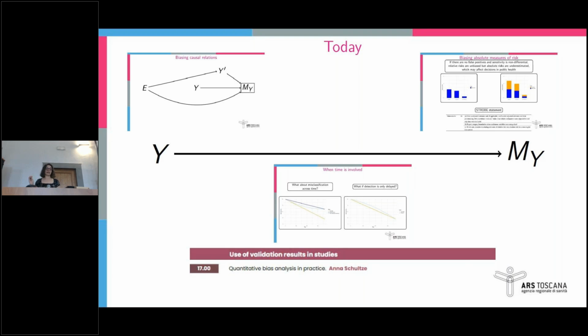And then Anna Schulze, and then Elisa will speak about how do we use such validation, because we have our 3 problems that we mentioned and many others that they will tell us. So Anna will speak about quantitative bias analysis. So how is it that we inject, and which validation indices we use to put in our pipeline?